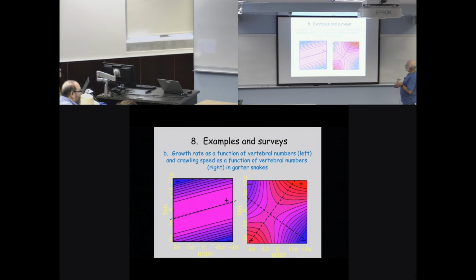On the left, this is growth rate in one species of garter snakes in females, and you can see the best thing is to be on this line somewhere, and as you fall off from that line, having mismatched numbers of body and tail vertebrae, your growth rate in the field falls off. And if we look at crawling speed, fitness also falls off as you deviate from a similar line.